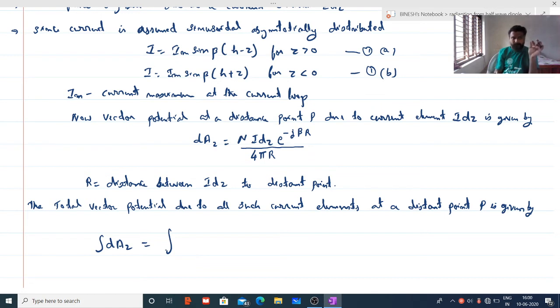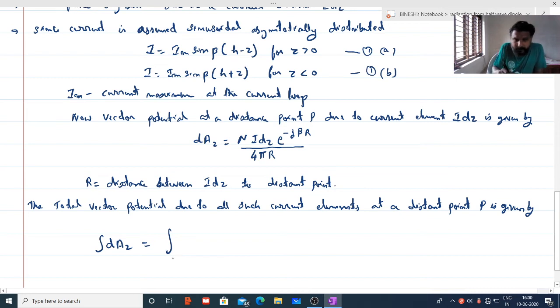Each small current element I dz will produce a vector potential mu I dz e raised to minus j beta r by 4 pi r. Similarly, we have z from minus h to plus h, so we have to consider z from minus h to 0 and from 0 to plus h.